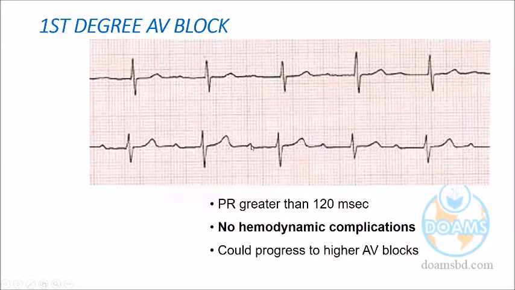But if the P is not conducted by the QRS, including the T, then P is followed by the P. So this will be called a drop beat, or a dropped ECG complex, also we can say for understanding. In the first degree heart block, there is no drop beat. A strong differentiating point from others.